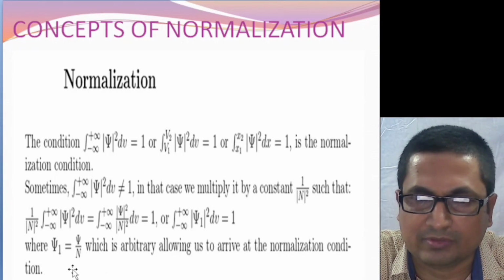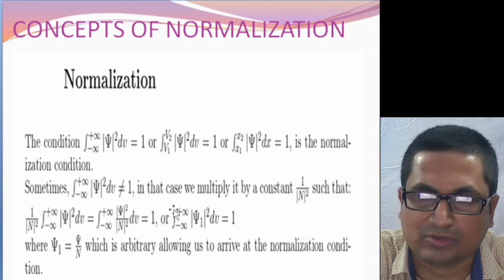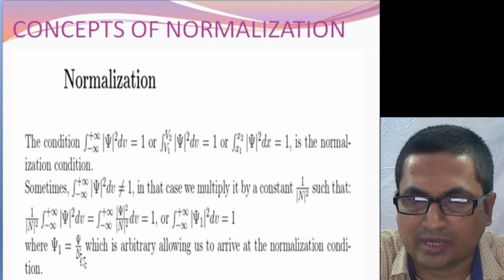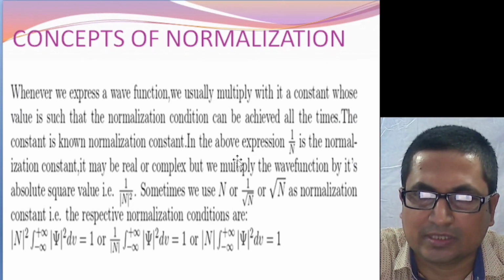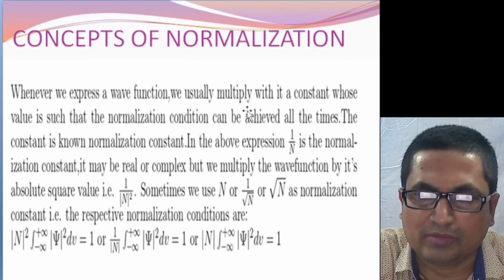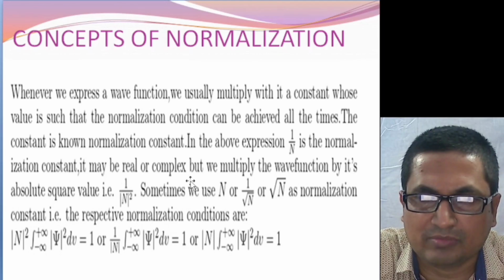And this happens like this, where this psi 1 is a wave function which is nothing but the original wave function psi divided by n. And this simply represents one thing: to preserve the normalization condition we always have to multiply with some constant, and that particular constant may be real or maybe complex.